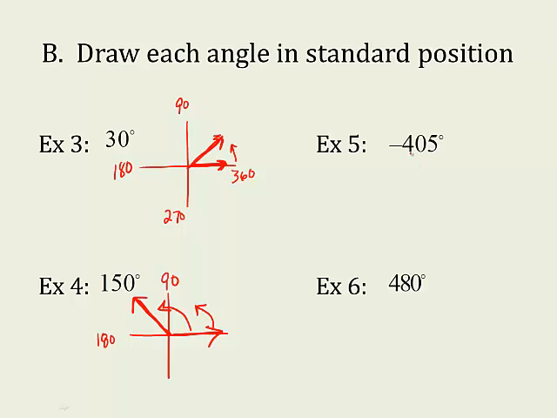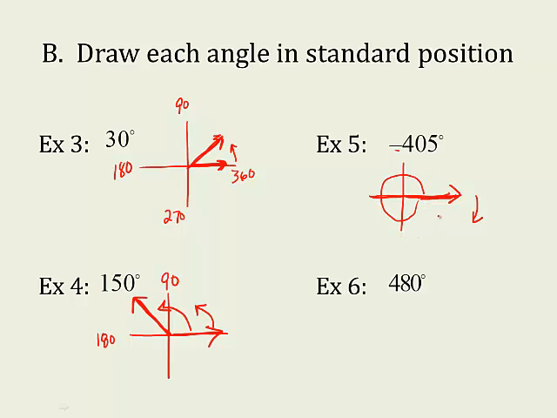Number 5, negative 405 degrees. All right, let's think about this. So if it's negative, it's going clockwise. This is still my initial side, no matter what. But it has to go negative 405 degrees, so negative 360 is a full rotation.